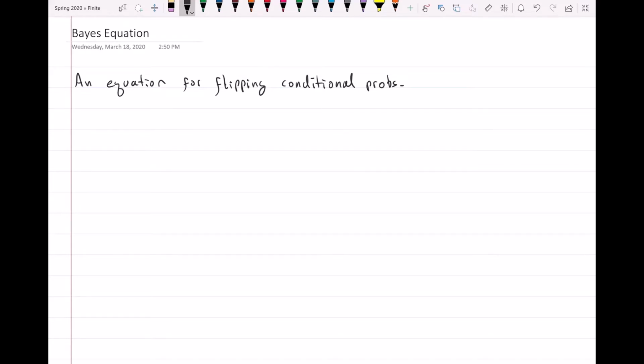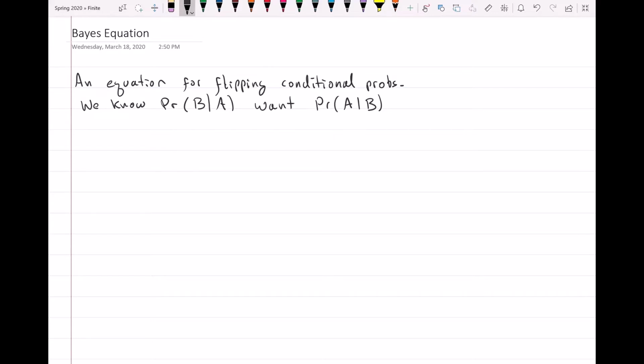So what does that mean? Let's say we know the probability of B given A and want the probability of A given B. That's an equation that lets us do that essentially.